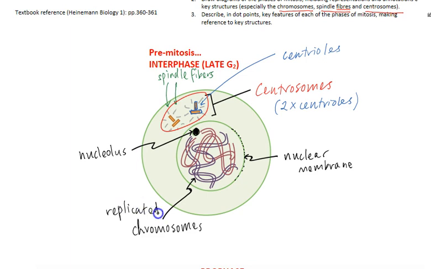Each chromosome has two chromatids attached firmly together, hence why we call them replicated chromosomes. The reason they're replicated is that soon we're going to be separating them apart and distributing them into two cells. All right, so this is pre-mitosis, in the late G2 stage.